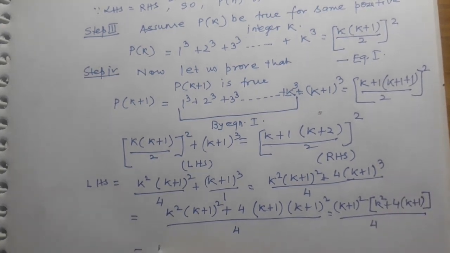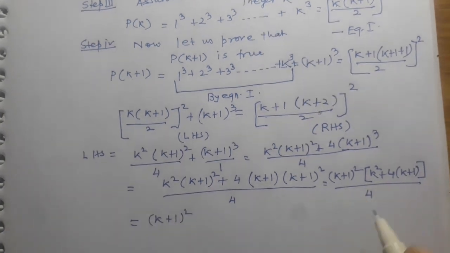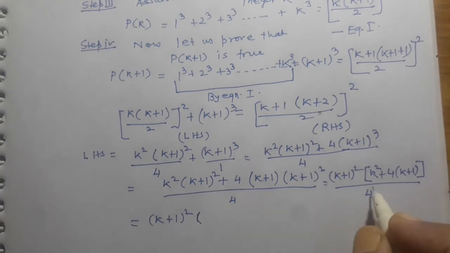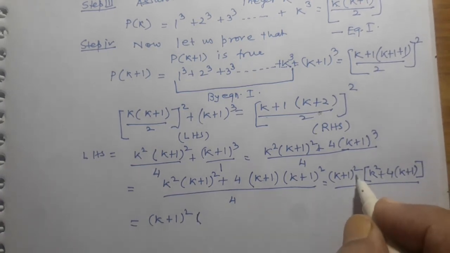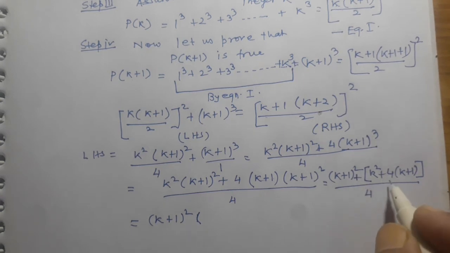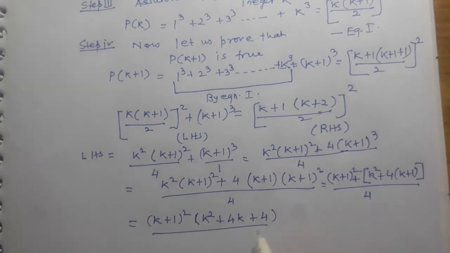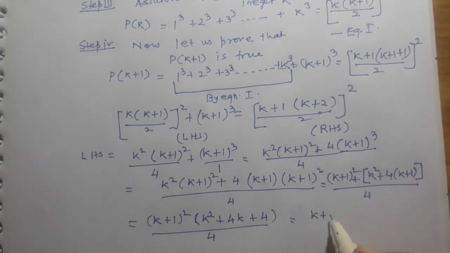So it will be k plus 1 whole square as it is here, and k square plus 4k plus 4 by 4, and we are writing k plus 1 whole square.